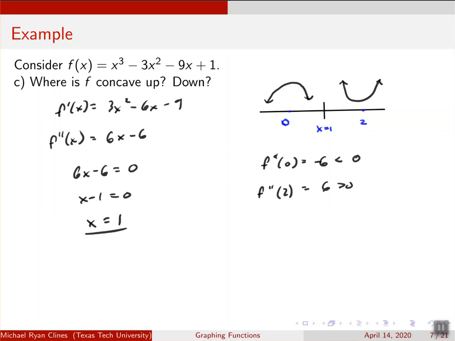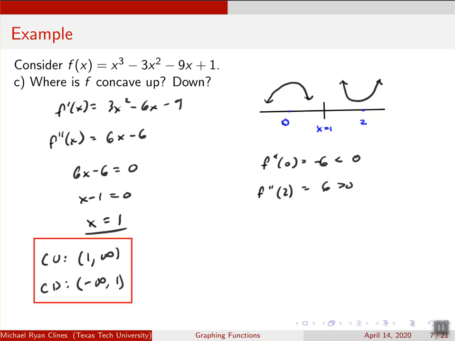So let's go ahead and write that down. It's always nice to have. So it is concave up on which interval? Well, it looks like from 1 to infinity. And now we need to figure out where it's concave down. It's concave down on the interval negative infinity to 1, not included.